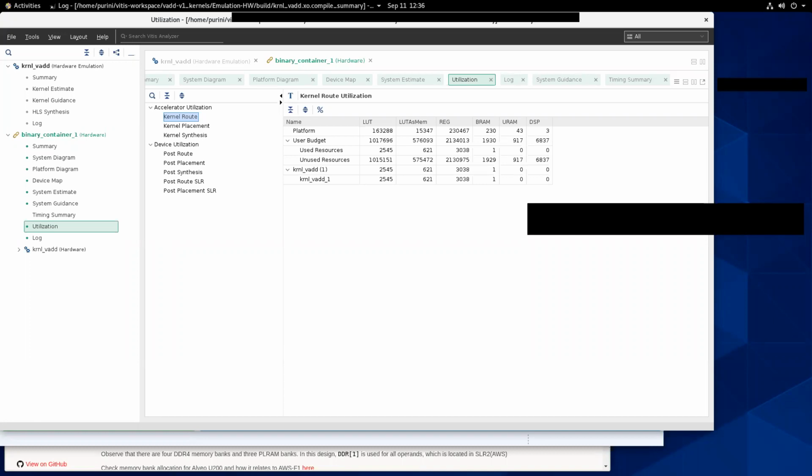Later we will see something called roofline analysis. These DSPs can do multiply and accumulate operations very fast. If there are 7,000 DSPs, they can do 7,000 multiplications per clock cycle.